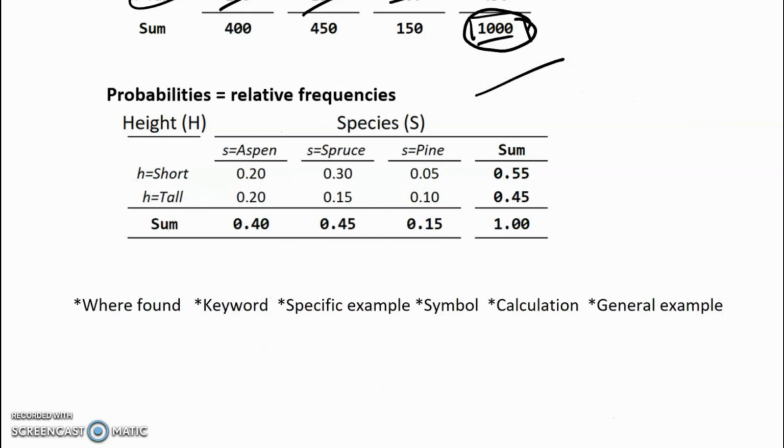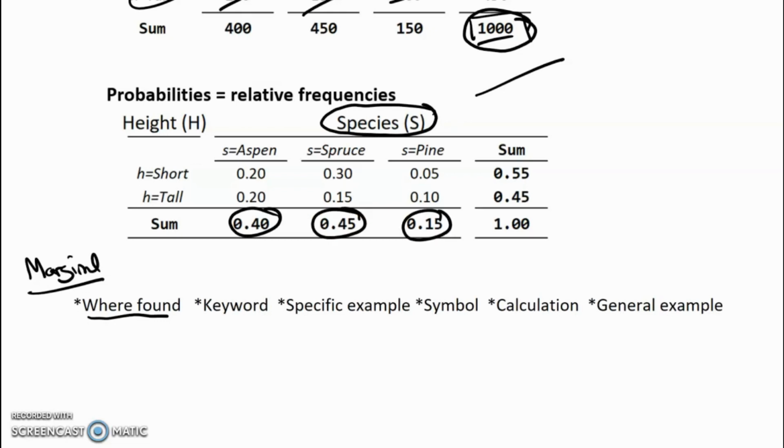Now let's think about marginal probabilities. Where are the marginal probabilities found? Not surprisingly, they're found in the margins. The marginal probabilities of species are shown here, and the marginal probabilities of height classes are shown here.